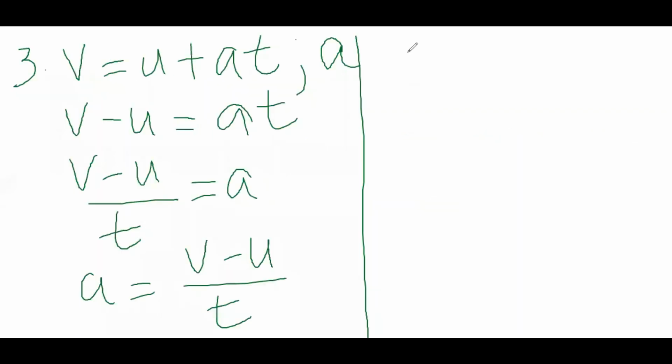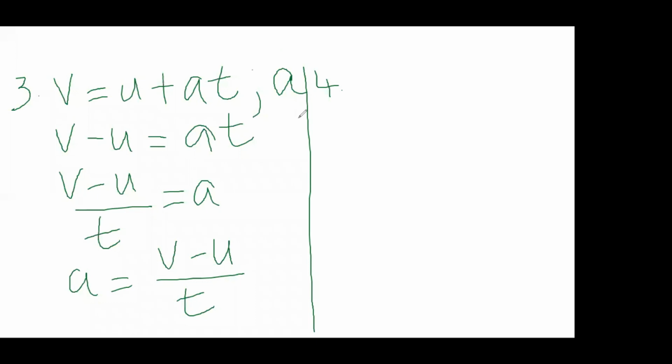Alright, let's go with number 4. Yes, miss. T is equal to root of KB divided by AB. We're finding for A. Okay. This is interesting. Miss, we transpose the K. Miss, I transpose the K first.